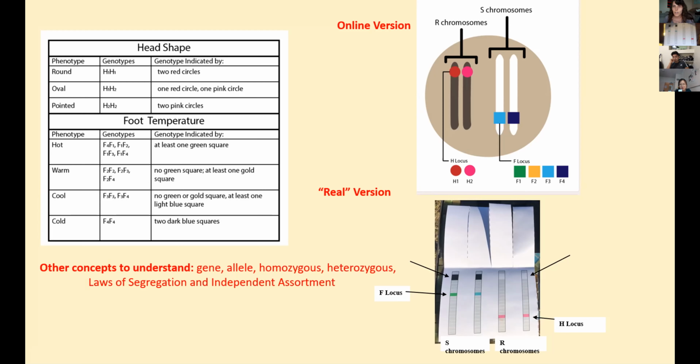Just do one of each side. Okay, so we have what looks like a green, and is that red or pink? I think it's red. Okay, so we have a green and a red.